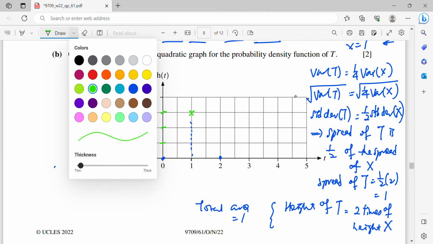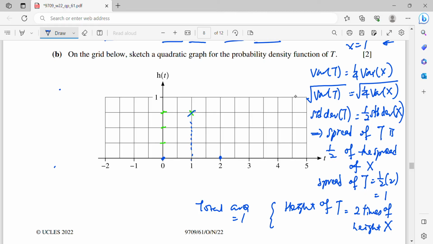Then I will get the graph, a quadratic curve that passes through these 3 points. So now let's sketch the quadratic curve. Alright, so this is your graph for h of t. Just draw a smooth quadratic curve.